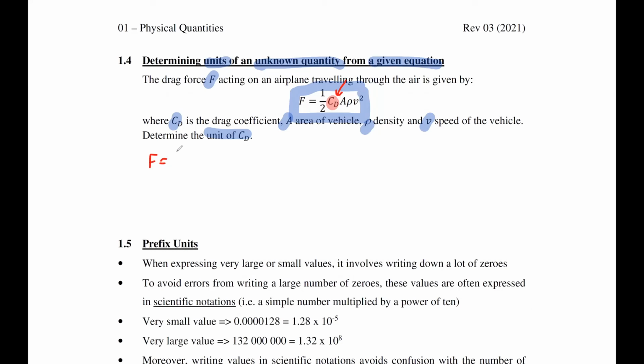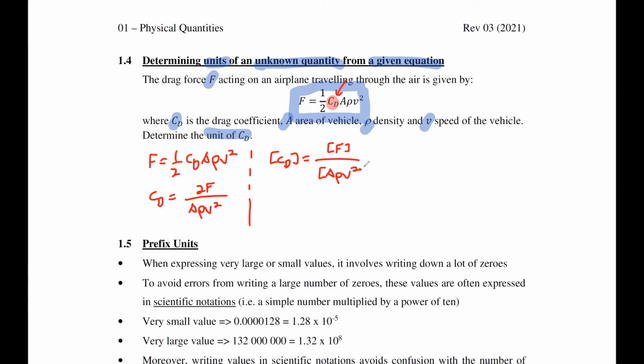So F is equals to half CD A rho V squared, making CD the subject will be 2F over A rho V squared. Now, the unit of CD would be equals to the unit of F over the unit of A rho V squared.